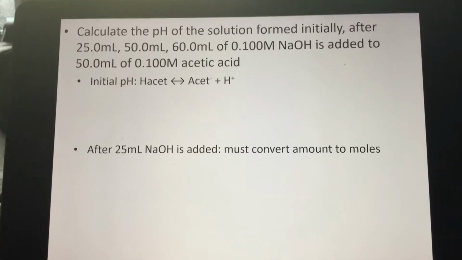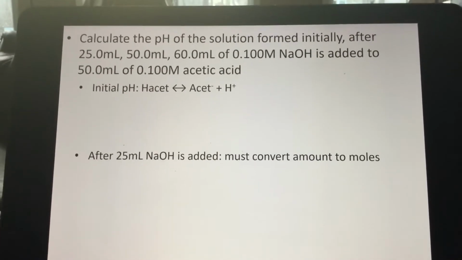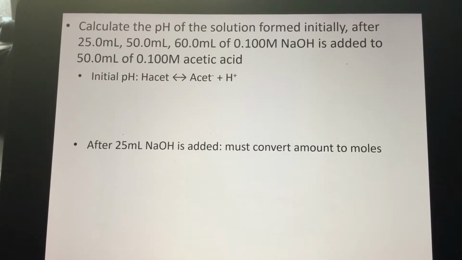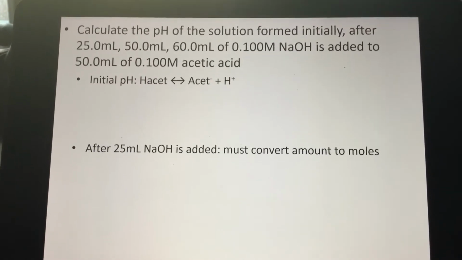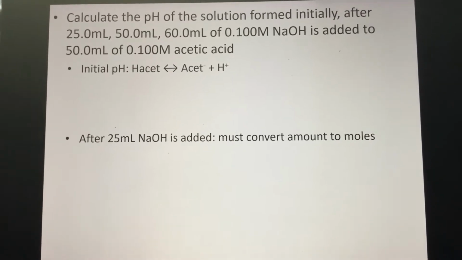So the initial pH of the acid in the flask: since it's a weak acid, it does not completely dissociate. We have the equation of the weak acid forming its conjugate base and hydrogen ion.